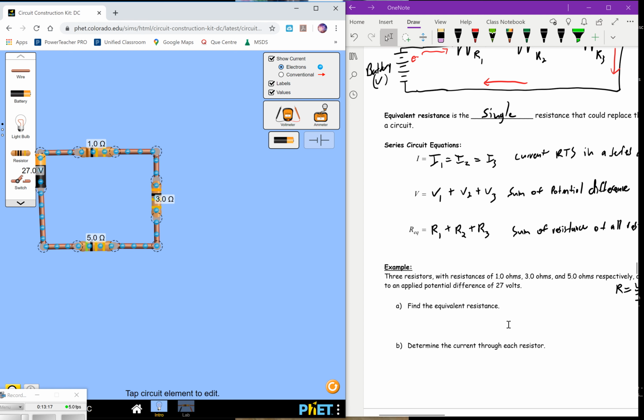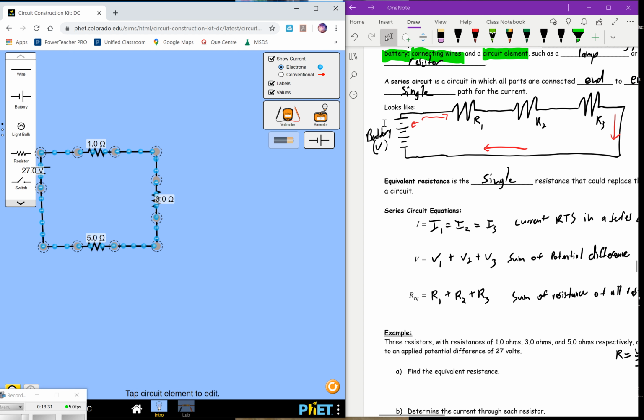Let's find the equivalent resistance in this circuit. I'm going to switch this over so we can look at this schematically. So here's our resistor, and again, this looks just like our circuit here. We've got our battery, and 1, 3, 5 ohms. These are not in a row like they are in our notes here. We could change that easily, but it doesn't really matter.